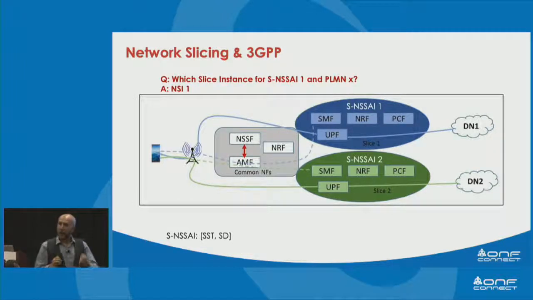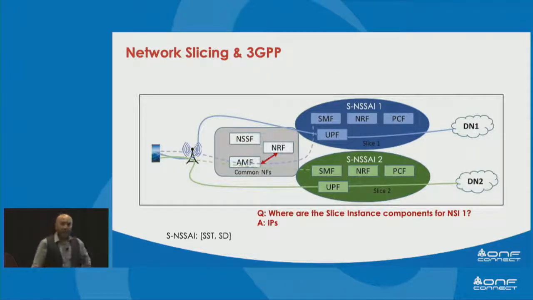So that needs to be checked first. So I'm assuming it's all okay. Then the NSSF answers exactly which slice instance that corresponds to. Then the next thing the AMF does is it asks the repository function, I want to get network slice instance 1. Where are those components? And the IP addresses will come, then the composition for the end-to-end connectivity will take place.